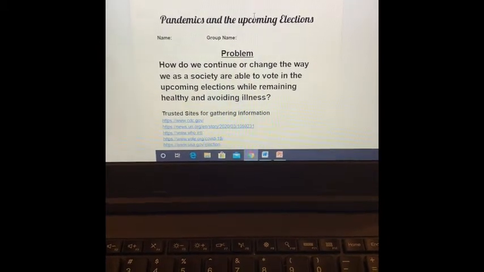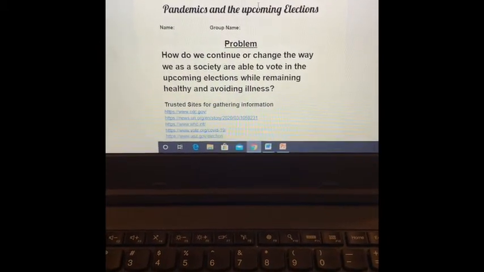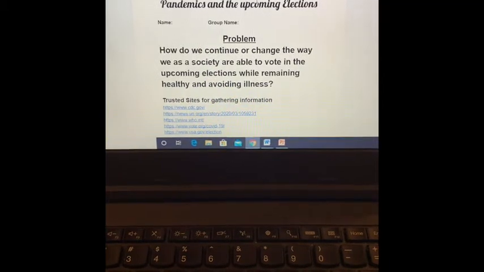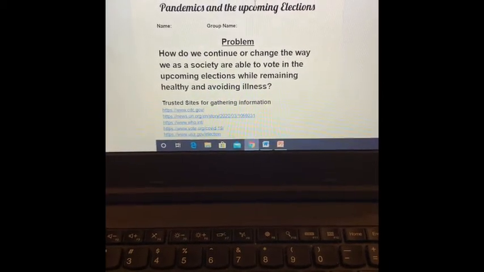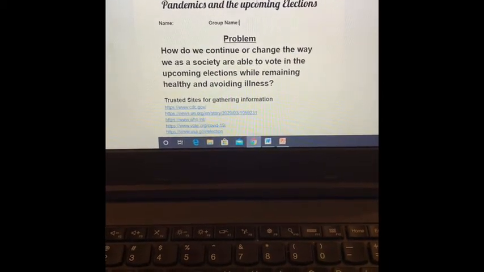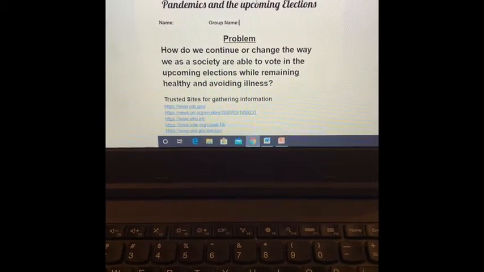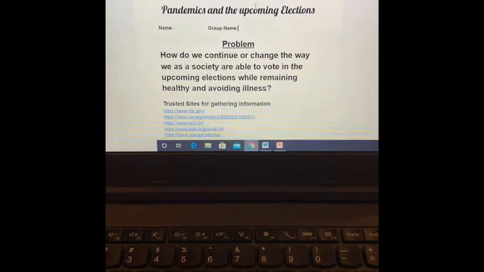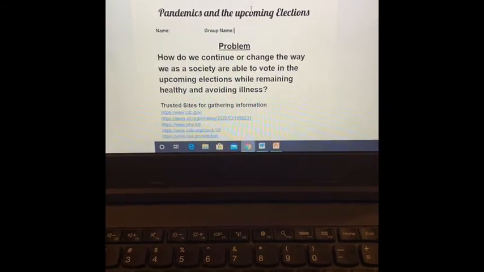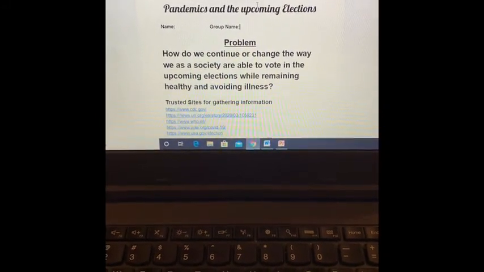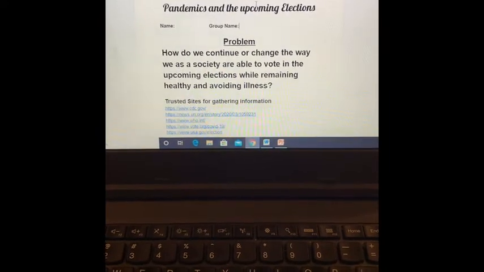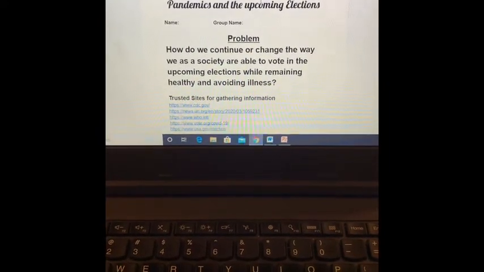So the students will gain knowledge about how our voting procedures worked pre-pandemic. They'll do research online to figure out what the government is putting into place in current times for how we're going to end up voting, so that we're able to protect ourselves from further spread of the pandemic.